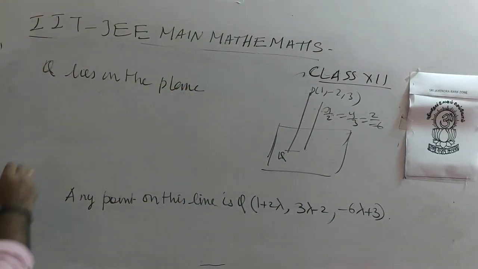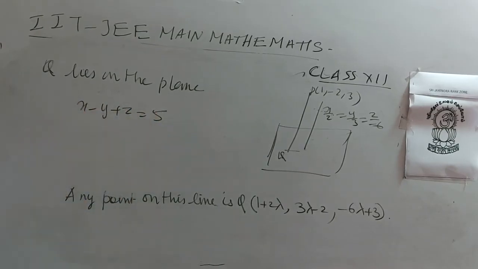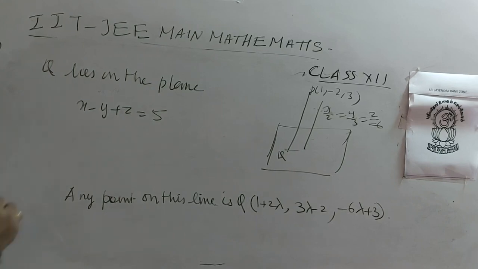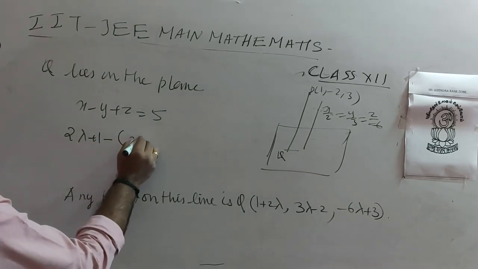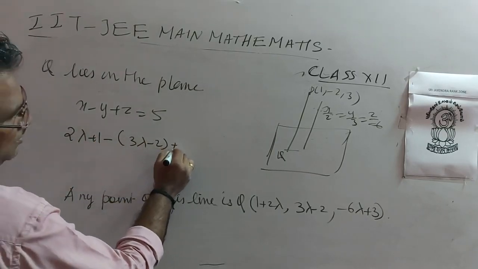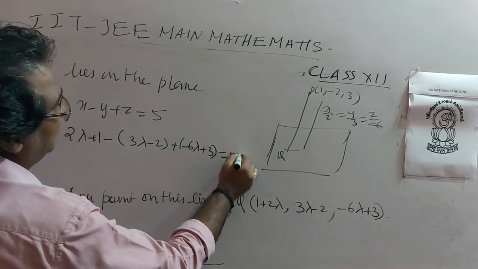Q lies on the plane x minus y plus z equal to 5. That is, 2 lambda plus 1, minus 3 lambda minus 2, plus minus 6 lambda plus 3 equal to 5.